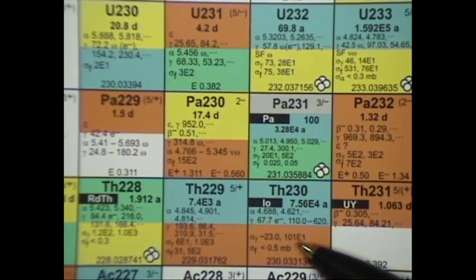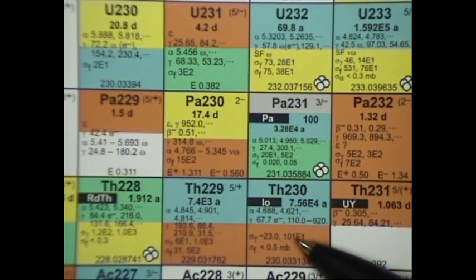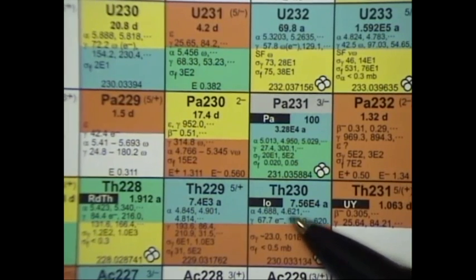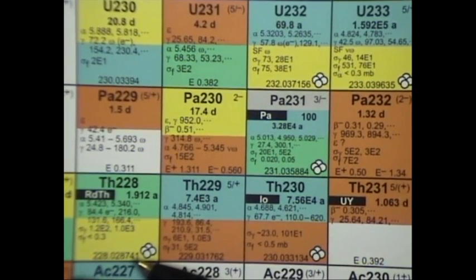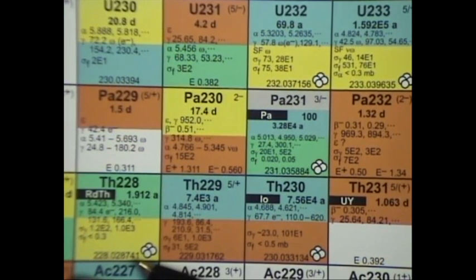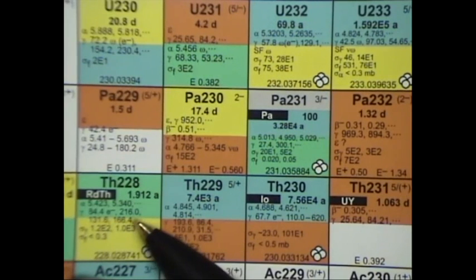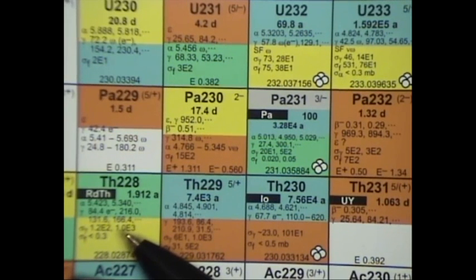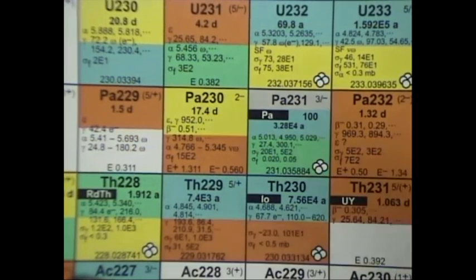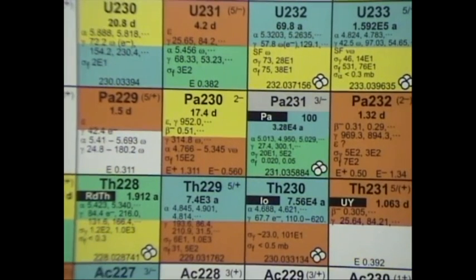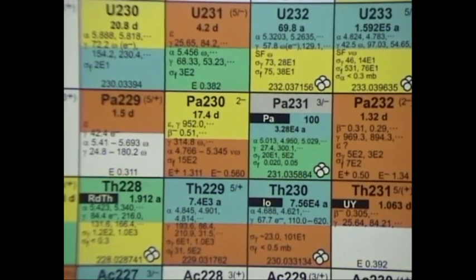I'm also losing 2 neutrons, and so it goes down 2. Remember, the horizontal axis is the number of neutrons, so it goes down 2. The daughter resulting from that decay is going to be thallium-228. And of course that undergoes alpha decay, so we would drop down 2 and over 2, and we continue as long as there's alpha decay going that direction. That is how we would track it.